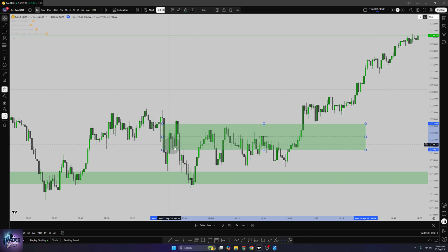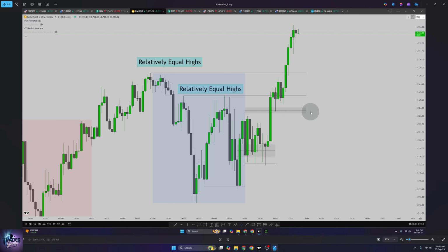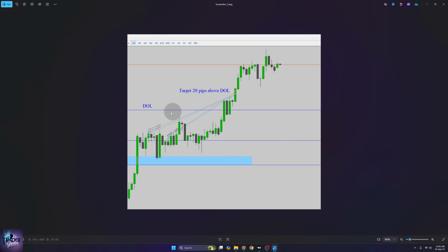Price is just consolidating in this range. As soon as we broke above this range, although we did not have any sting back into this fair value gap, the target was still confirmed. So this was our trade. I targeted 20 pips above my drawn liquidity because it's gold behavior and I know how it performs.